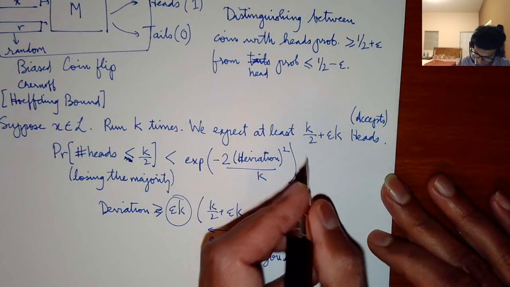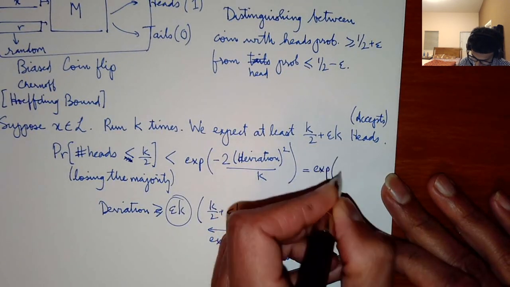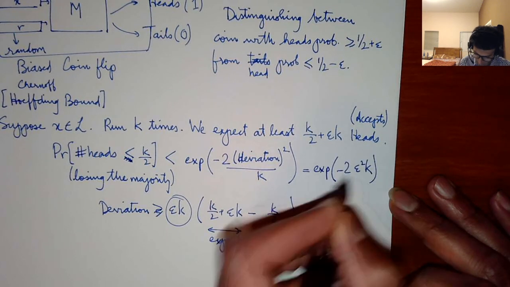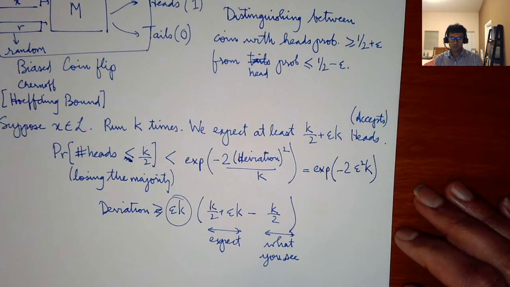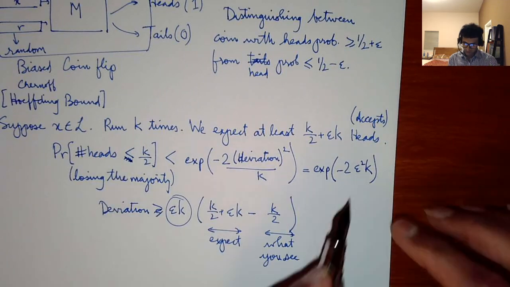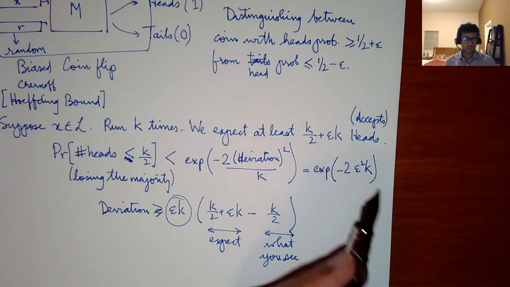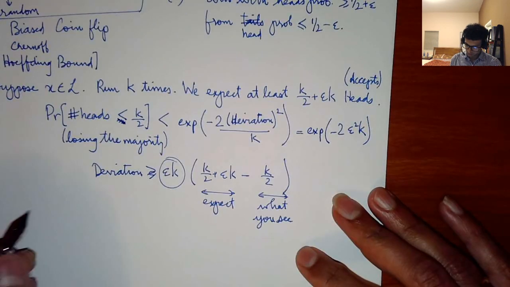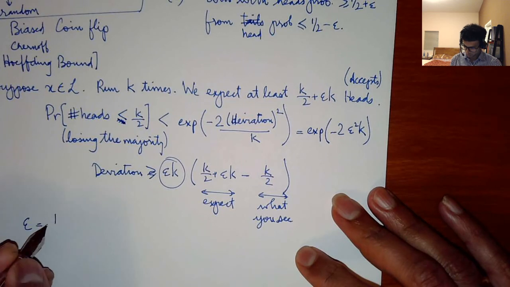And so you plug that bound in over there, and this is 2 epsilon squared times k. And the k cancels out. So the probability is 2 epsilon square k. And so now what you can get is epsilon was 1 divided by x to the c.